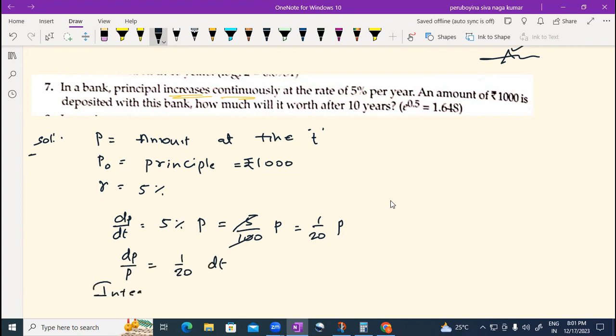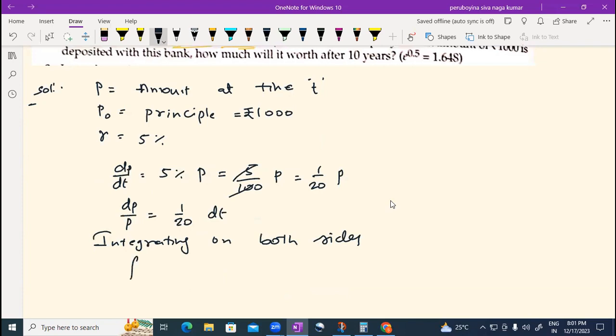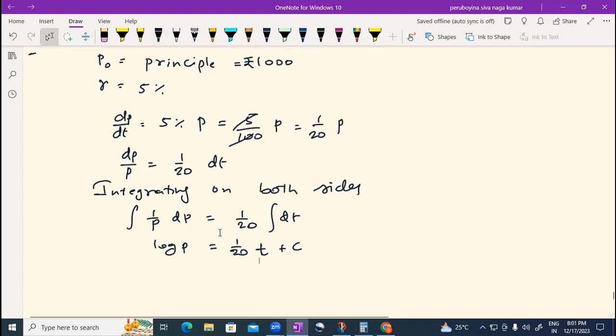Now integrating on both sides. So the integral of 1 by P dP is equal to the integral of 1 by 20 dt. So log P is equal to 1 by 20 into T plus C. At the initial conditions, you know that the T value is 0 and the P value is 1,000 rupees, right?